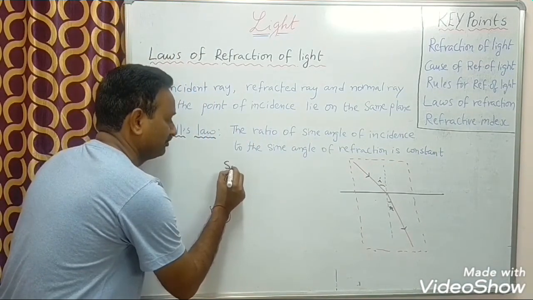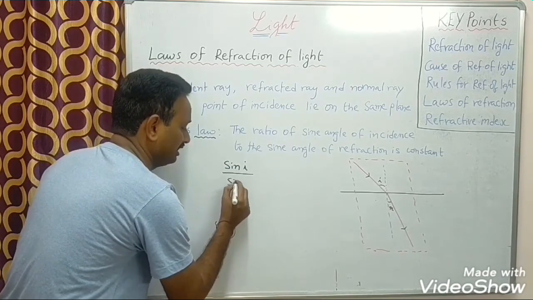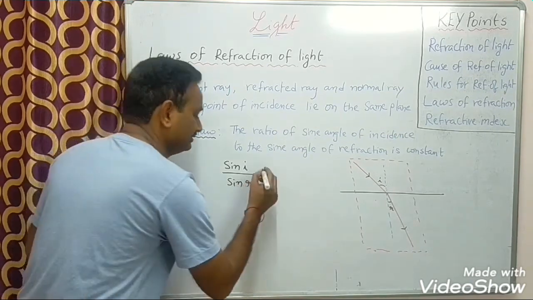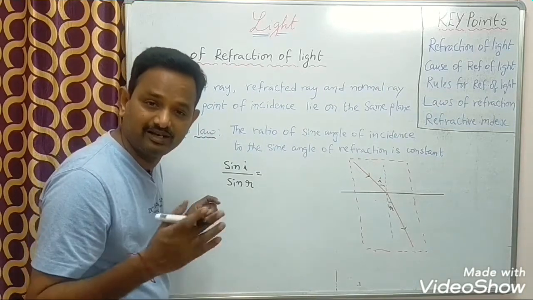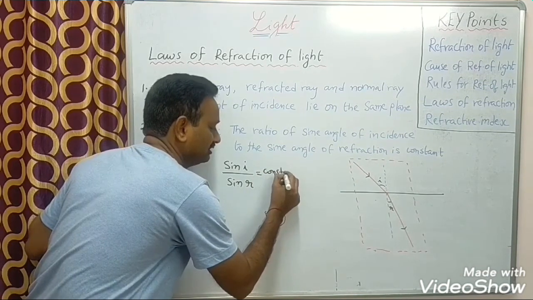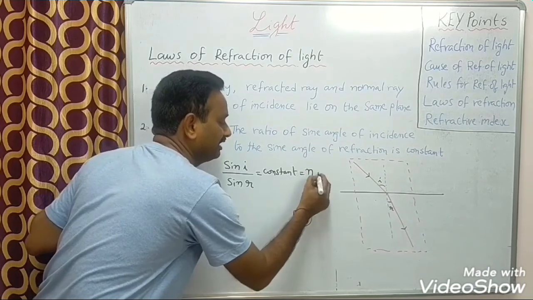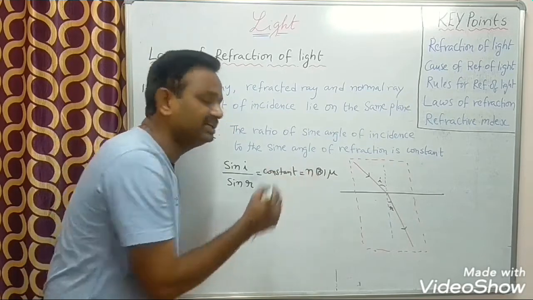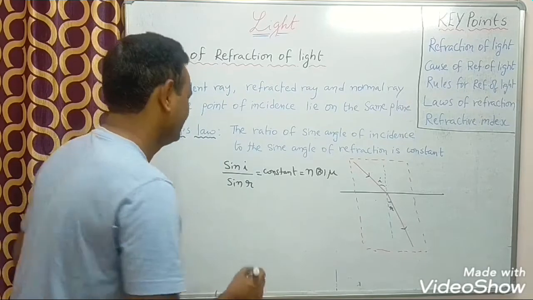The constant we represent with the letter n or mu, where this constant n or mu is called refractive index.